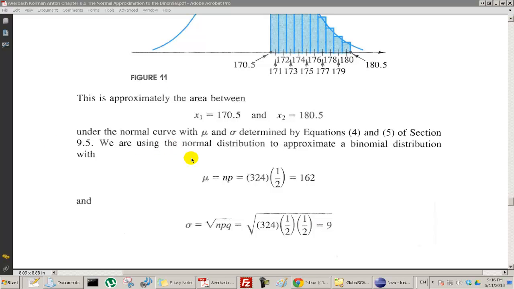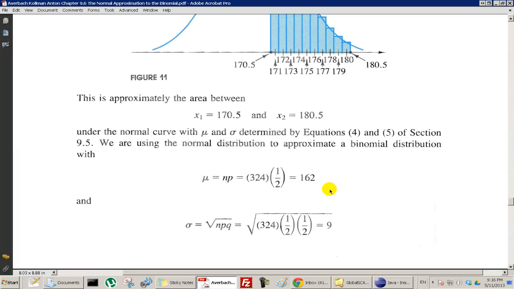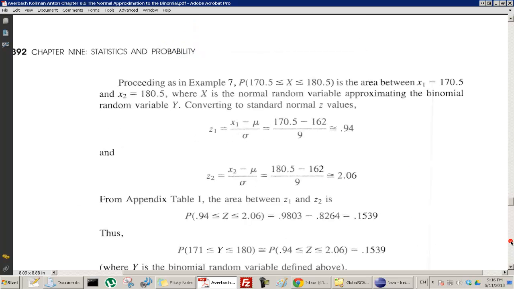So we need to figure out mu and sigma for this random variable, but that's easy. It's just 324 times p, a half, so that's 162. And the standard deviation turns out to be 9. So 162 and 9 are the mean and the standard deviation.